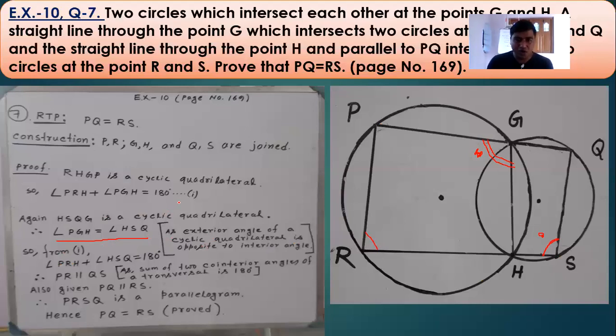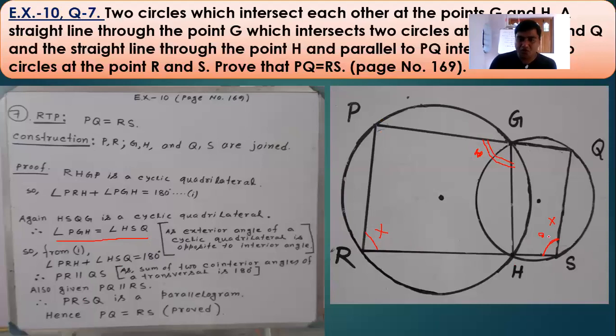So from equation 1, putting the value of angle PGH as angle HSQ, angle PRH plus angle HSQ equals 180 degrees. The sum of these two angles is 180 degrees. So PR and QS are two straight lines and RS is a transversal.